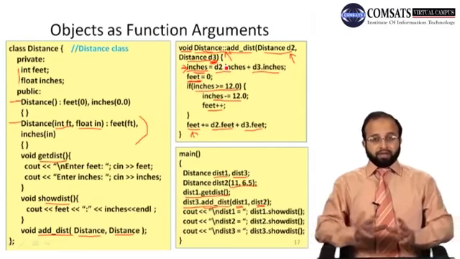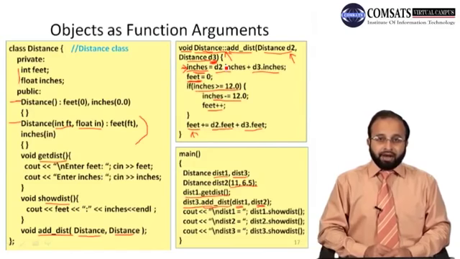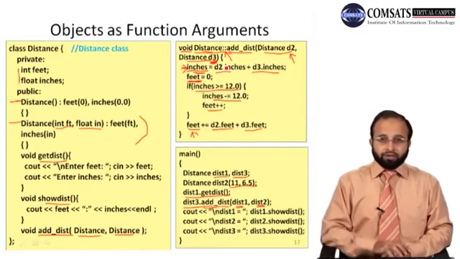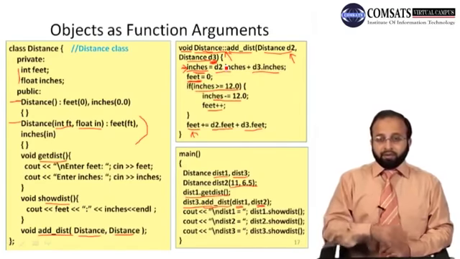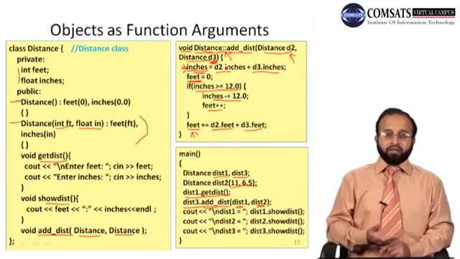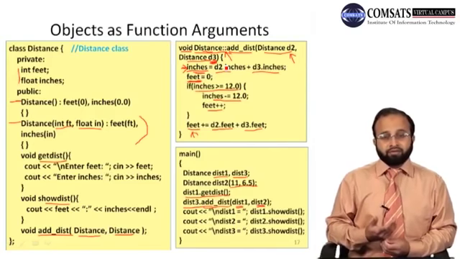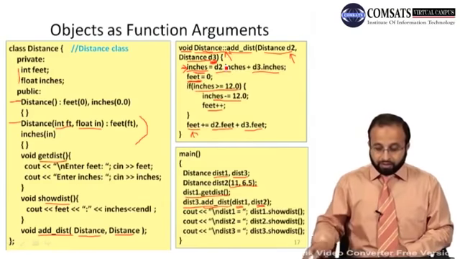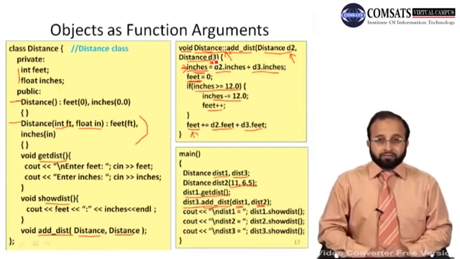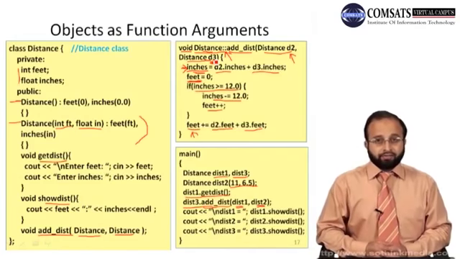नाउ सेम जिस तरह से हमने पहले पढ़ा था कि अगर एक फंक्शन में कोई वेरिएबल डिक्लेयर करते हैं आप, then that variable is actually the local variable for that function, and when that function starts its execution, that variable will be created, and when the execution of that function ends, then the memory allocated for that function will be deallocated. That means that variable is destroyed. So same happens over here. These d2 and d3 are the objects of distance class, but their scope is limited to addDest function.